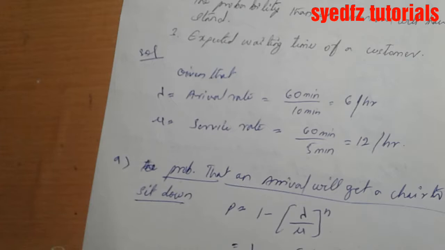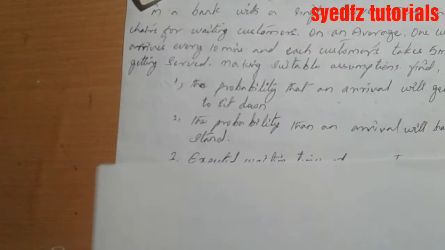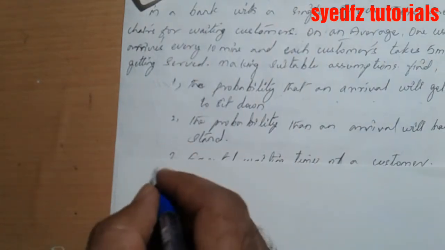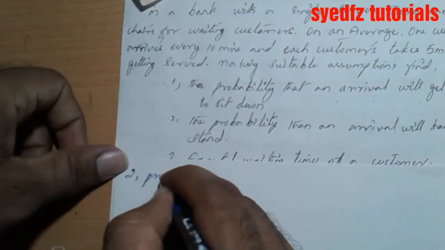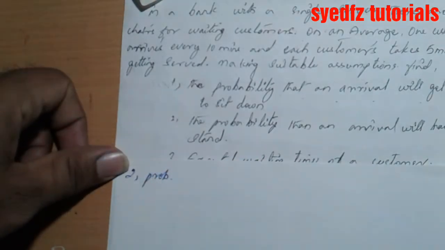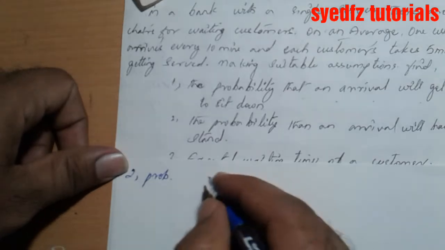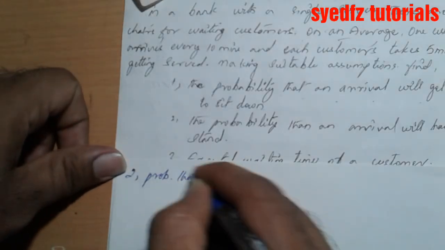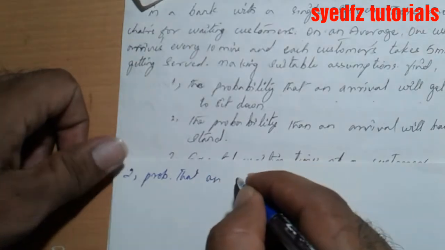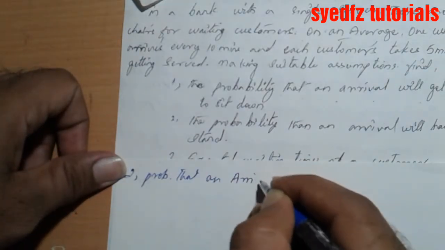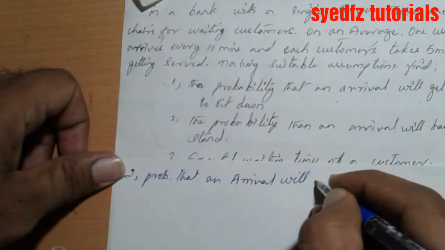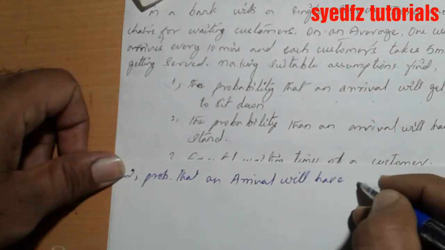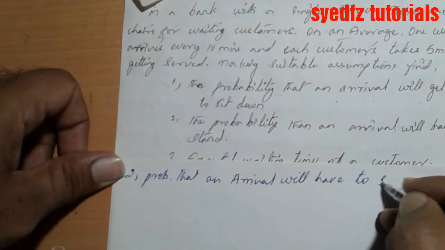Okay, now what is the second one? The probability that an arrival will have to stand.